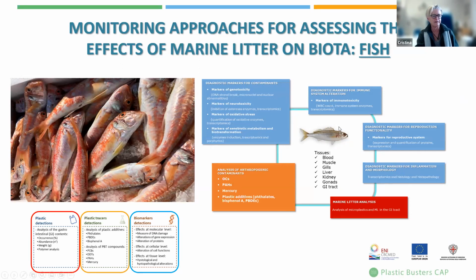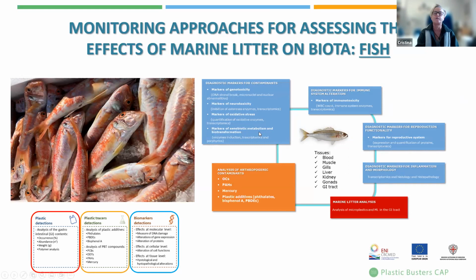In a fish species, as reported in the video by Dario, you can take the gastrointestinal tract to analyze the presence of macroplastic and microfibers ingested by the organism. But you can also collect other biological material: blood, muscle, gills, liver, kidney, and gonads.